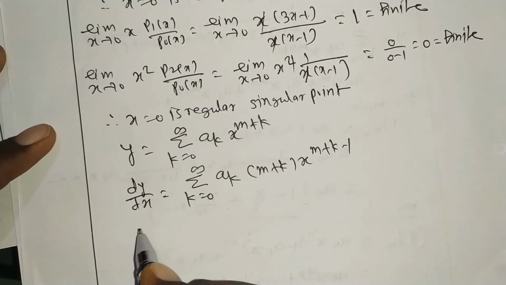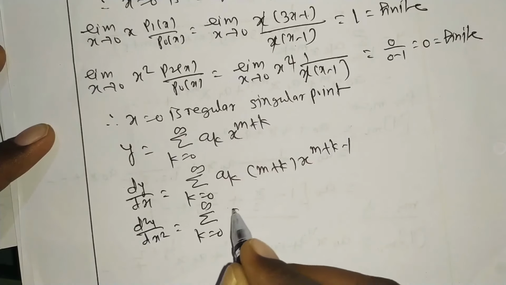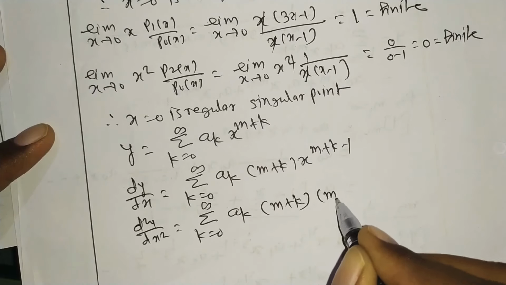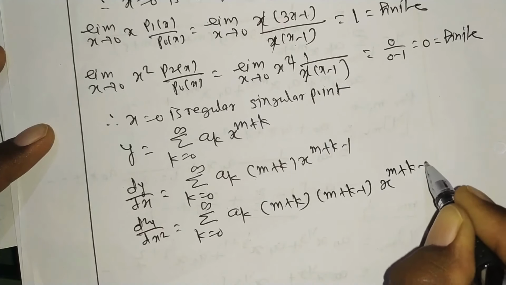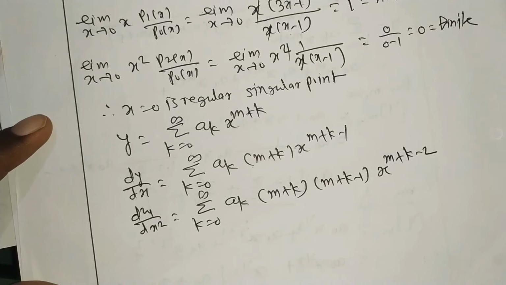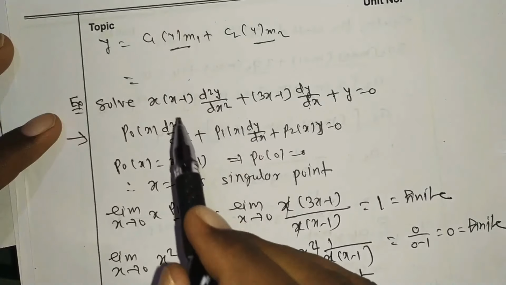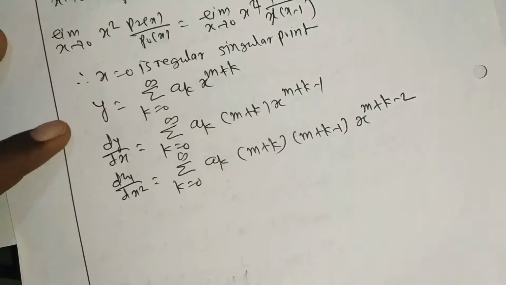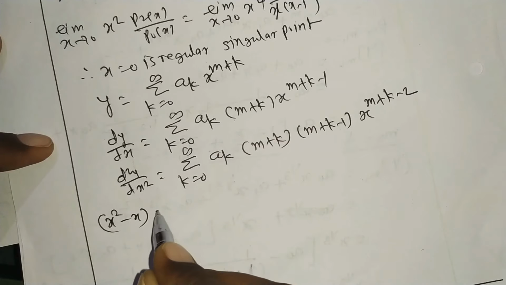And again if we take the double derivative, d2y/dx² is equal to summation of k varies from 0 to infinity a_k (m plus k)(m plus k minus 1) x to the power m plus k minus 2. So put all these values in the given differential equation, and therefore the given differential equation becomes: x(x minus 1), if you multiply x inside, becomes x² minus x, into d2y/dx².